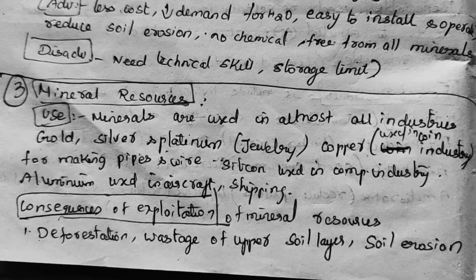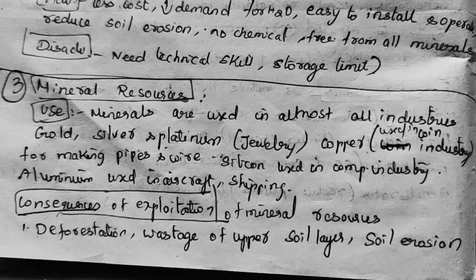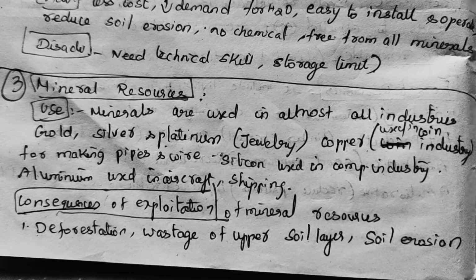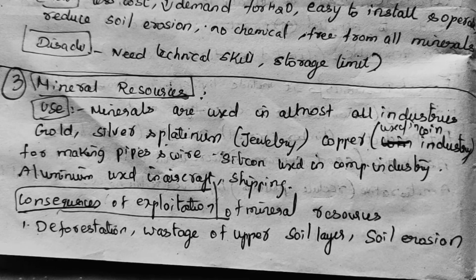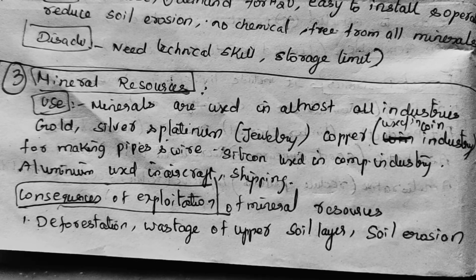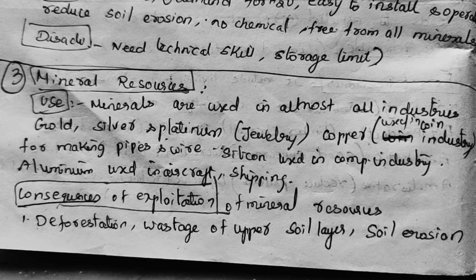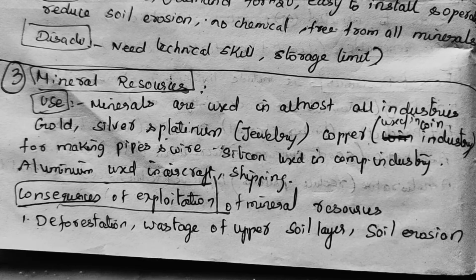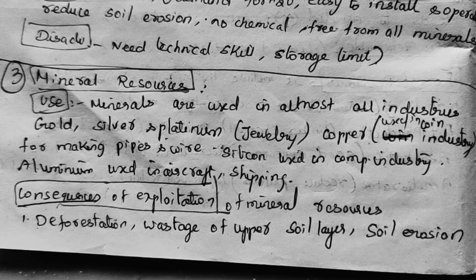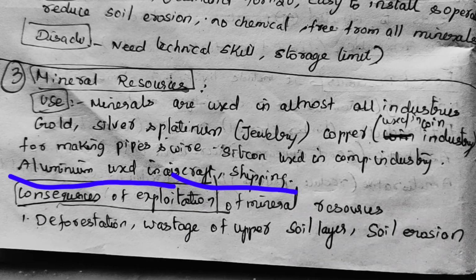The next one is mineral resources uses. Minerals are used in almost all industries. Gold, silver, platinum, we use for jewelry making. Copper is used in coin industries and for making pipes and wires. Silicon is used in computer industries. And aluminum is used in aircraft and shipping.